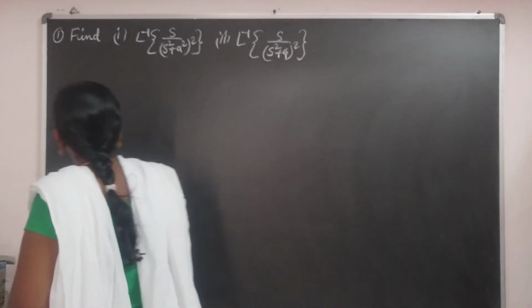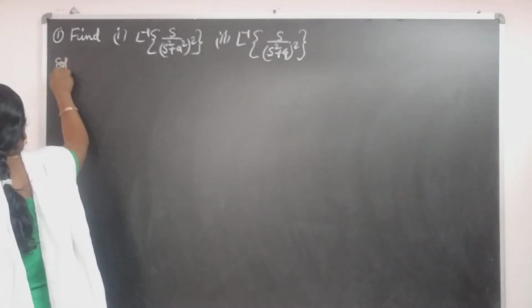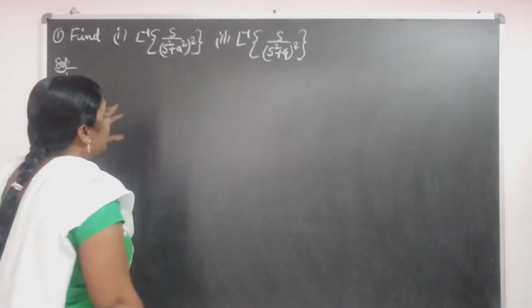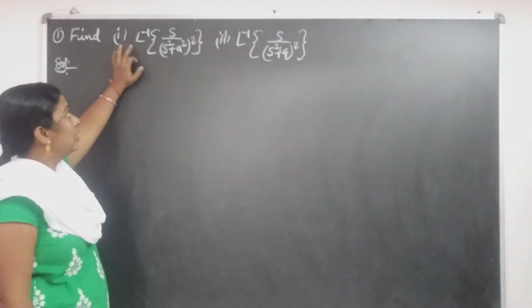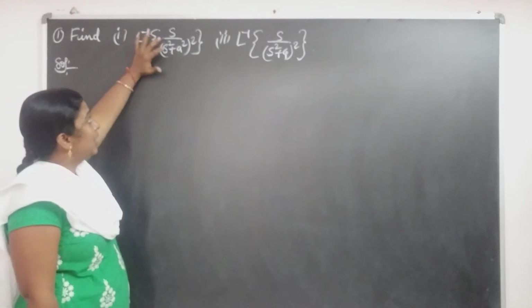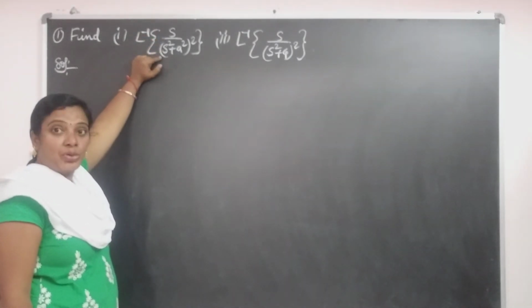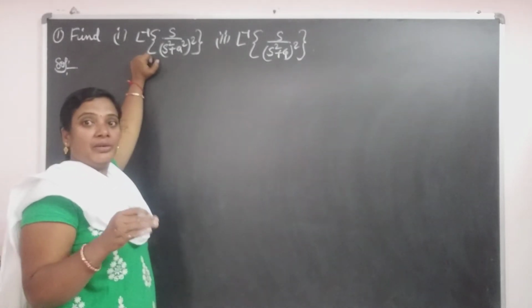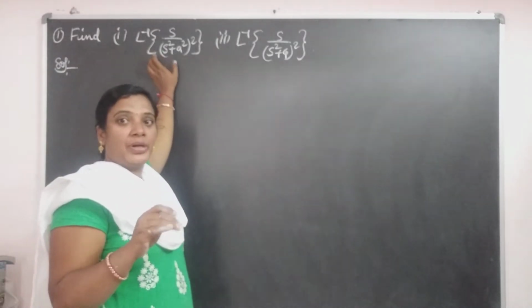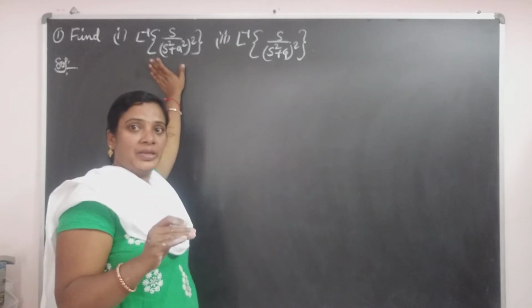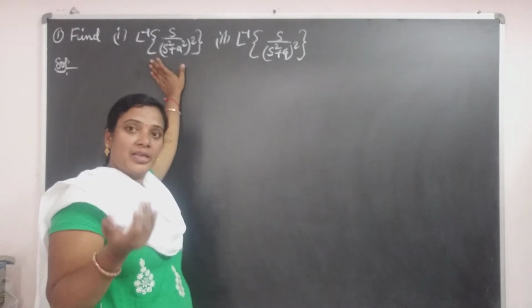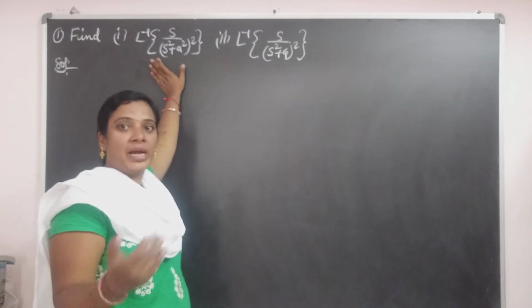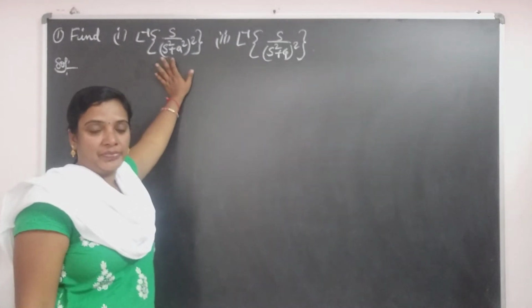Just observe which form the given function is in. Here we need to find the L inverse of S by (S square plus A square) whole square. In general, we use the linearity property. We know the formula for 1 by S square plus A square in the Laplace transform and also the inverse Laplace transform.